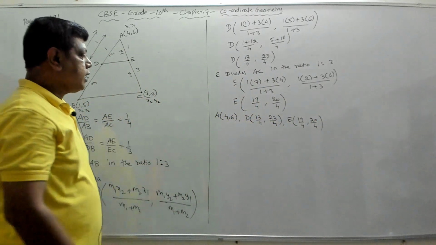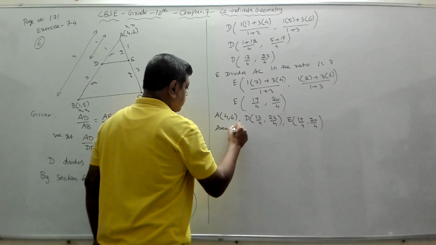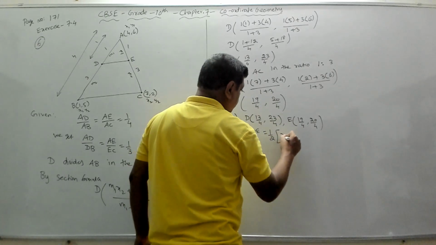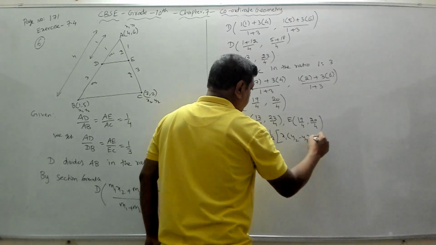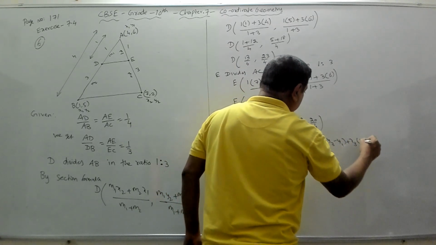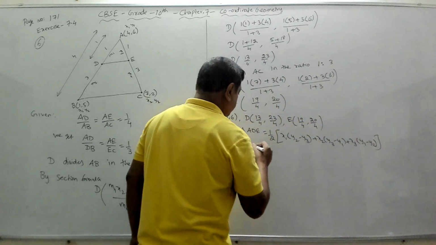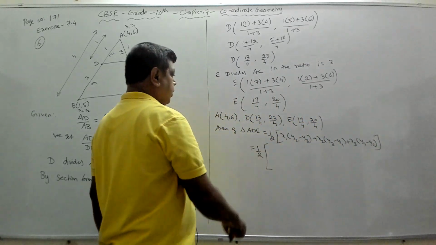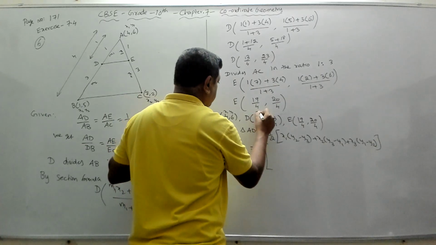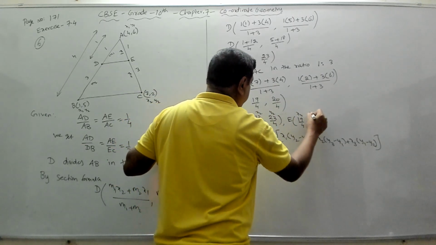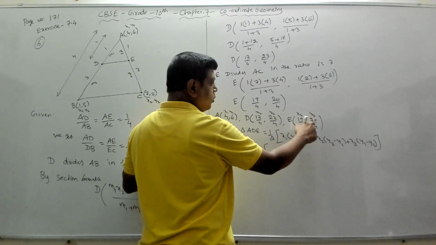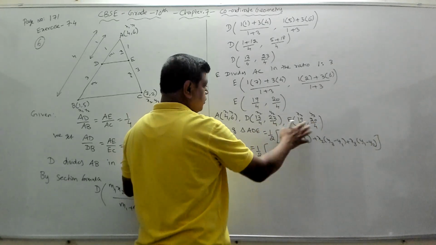Now we need to find the area of the triangle ADE, which is given by half of x1 into y2 minus y3 plus x2 into y3 minus y1 plus x3 into y1 minus y2. We take these as x1, y1, x2, y2, x3, y3. So x1 is 4. We could have put this as 5, since 20 by 4 is 5, but since everything has 4, we'll keep it as 4.